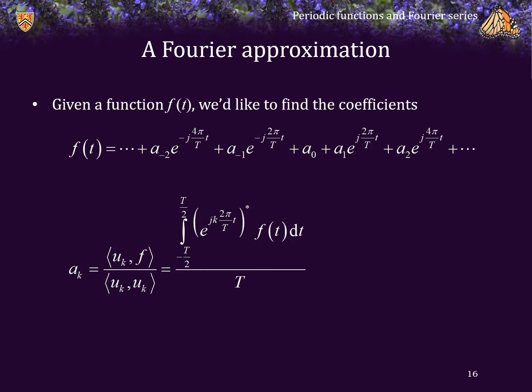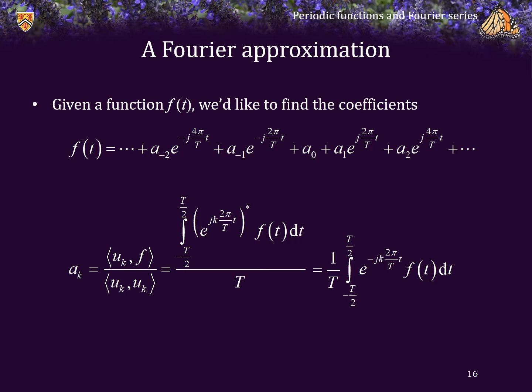We've seen previously that the denominator is just T for all k. The numerator is the conjugate of u sub k times f, and e to the j times an expression that is real, conjugated, is just e to the negative j times that expression. So this simplifies to this calculation here.